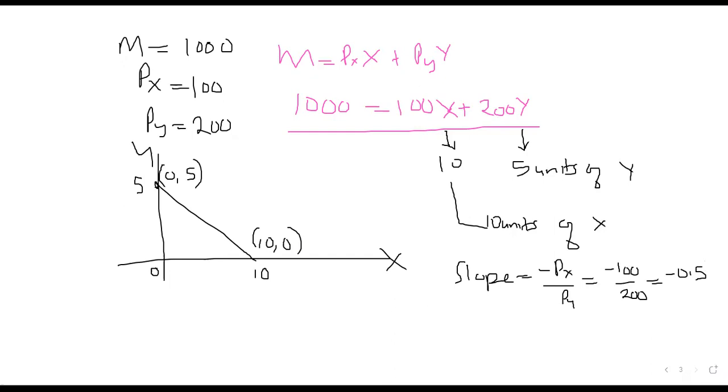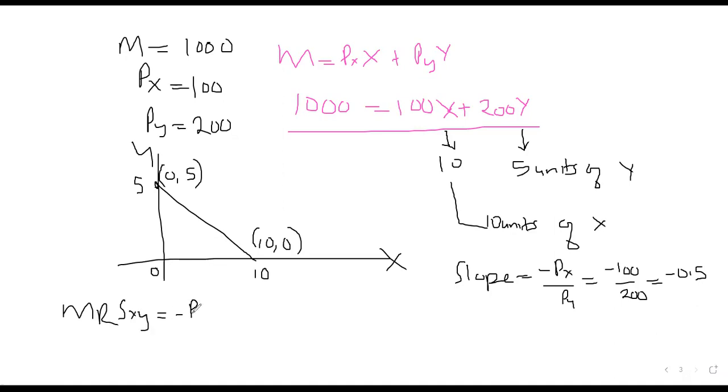So now, who wants to help me find the marginal rate of substitution x for y? Marginal rate of substitution x for y. So marginal rate of substitution x for y is the same as the slope.